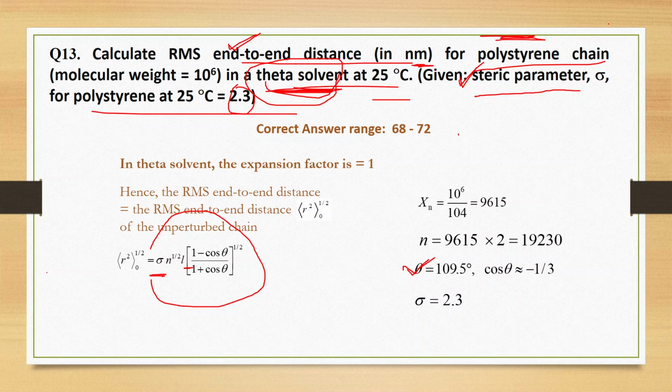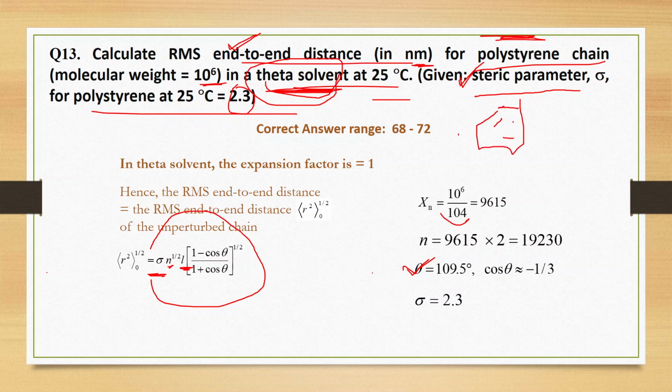Next thing is, we already know we need to calculate the number of bonds, right? The sigma value is provided. L is 0.154. Theta value you know, so you can put this here. The only thing that you need to calculate is the value for n. So how can we calculate n? The molecular weight is given as 10 to the power 6, and this is your polystyrene.